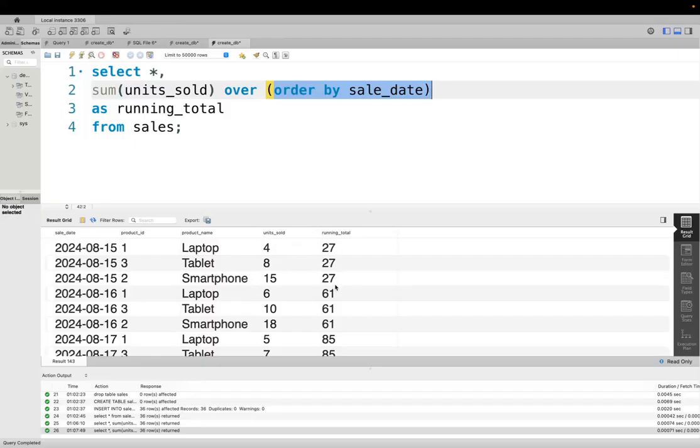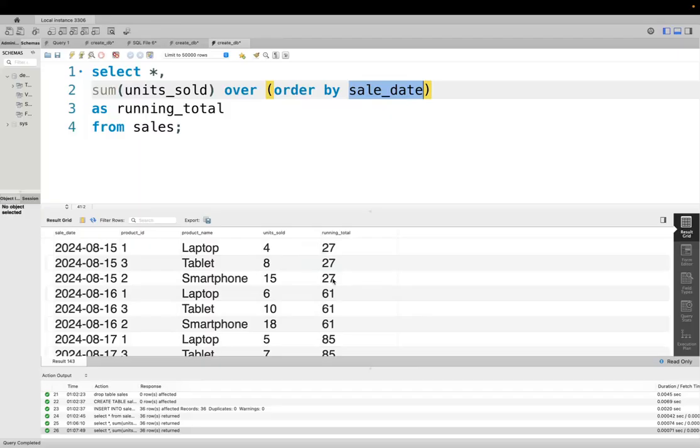If sale date is repeating 3 times, it considers it as one group and aggregates the total units sold. So 27, 27, 27.